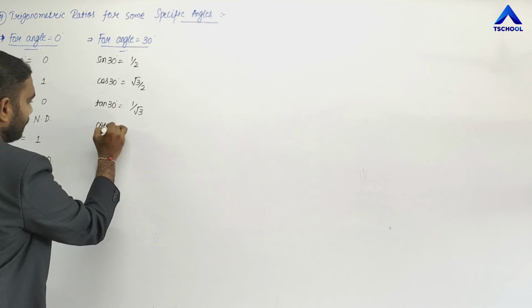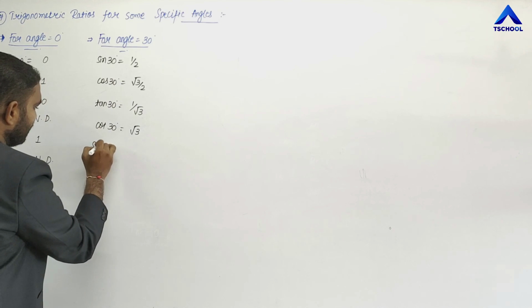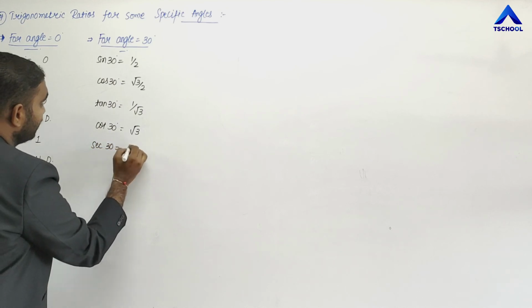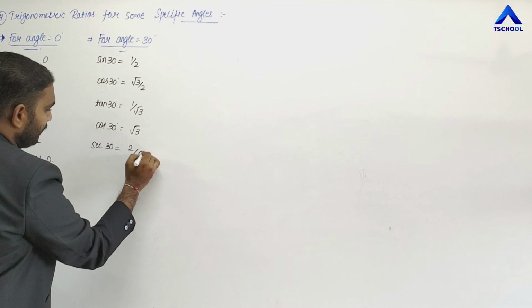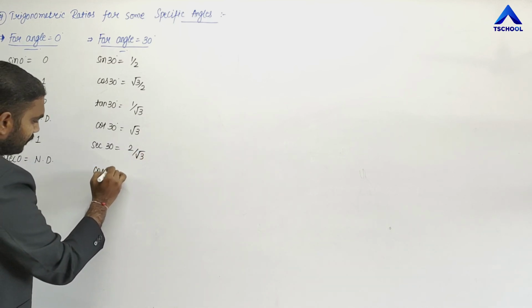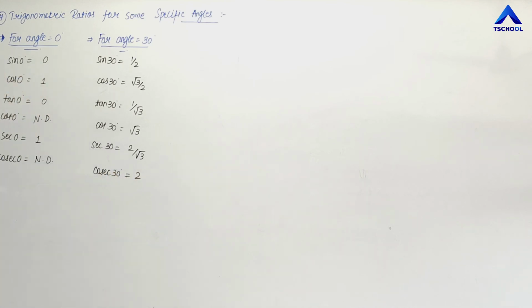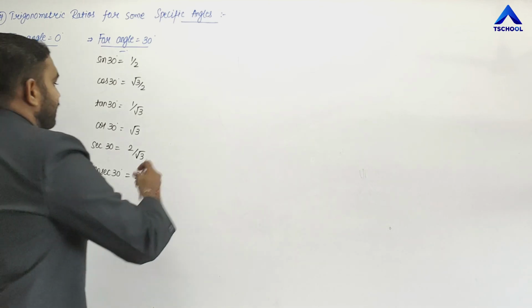Then cot 30 is equal to root 3, sec 30 is equal to 2 by root 3, and cosec 30 is equal to 2. So these are the 6 values for angle 30.